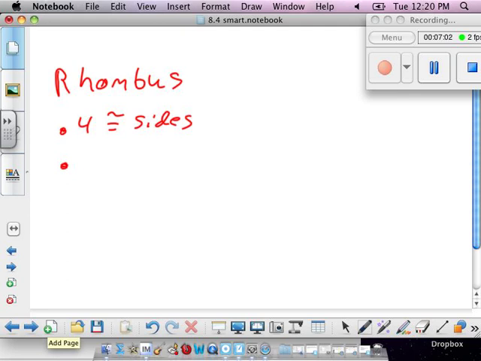Does anybody have 8.11? I didn't. I'll have to make that one up myself. A parallelogram is a rhombus if and only if its diagonals are perpendicular. Okay. And anything else about a rhombus? Oh, diagonals bisect a pair of opposite angles.